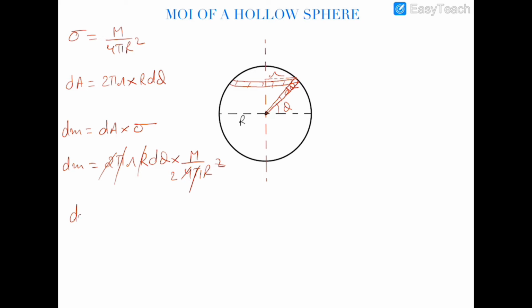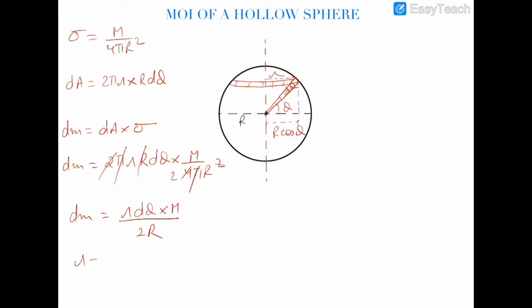So dm would be equal to this r d theta into m divided by 2r, where small r is r cos theta.